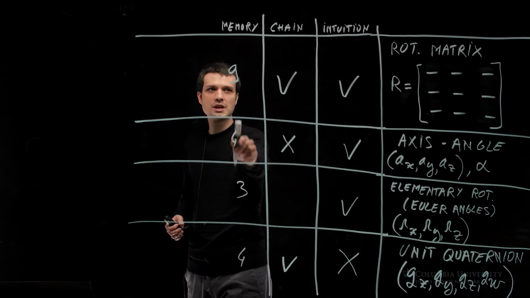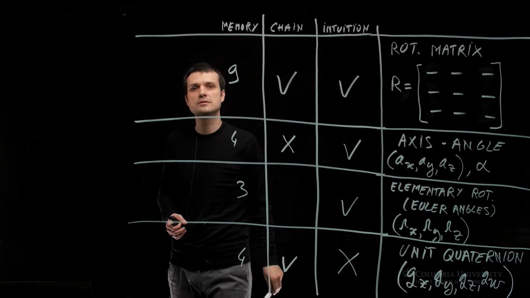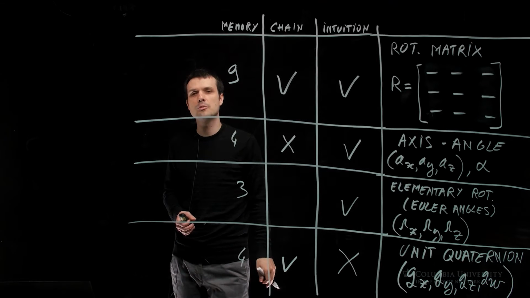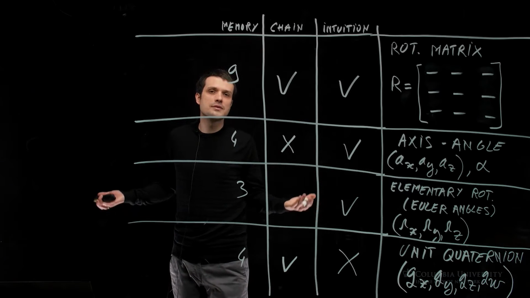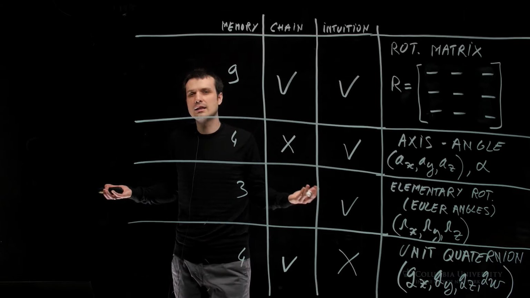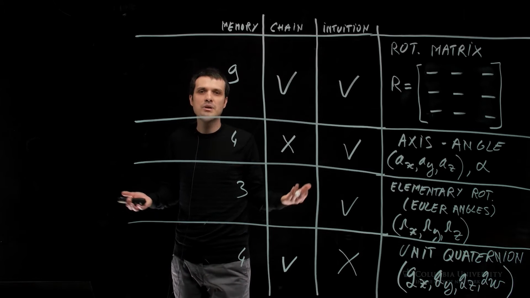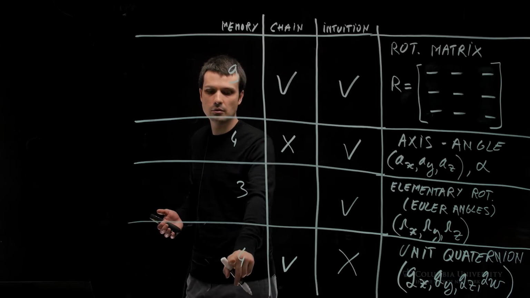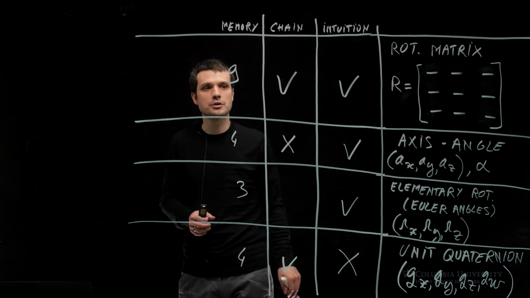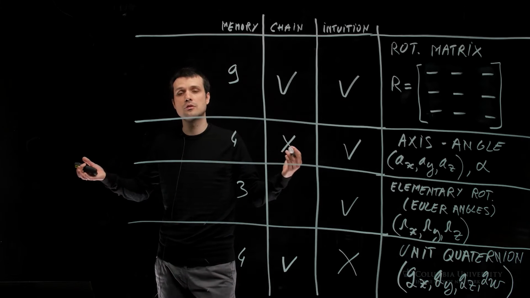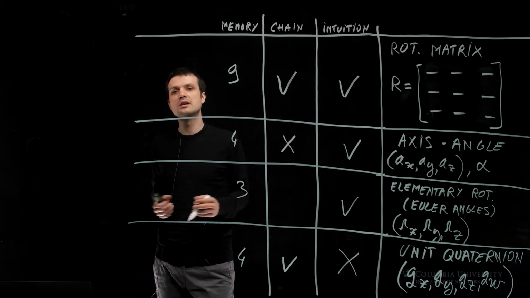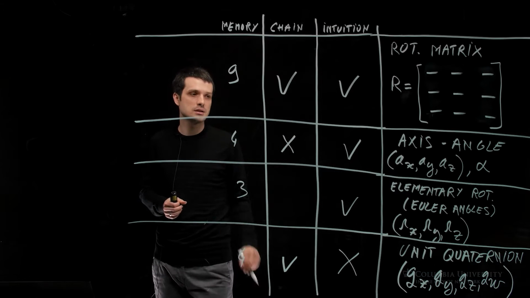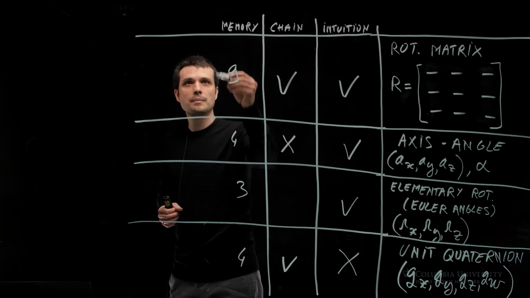So obviously, the rotation matrices are the most wasteful when it comes to storing them in memory. This day and age, computers have so much memory that it may look like, hey, that's not really that big of a deal. But still, more than twice as big as storing a quaternion. So if you have to store millions of transforms in memory, then it starts to make a difference.